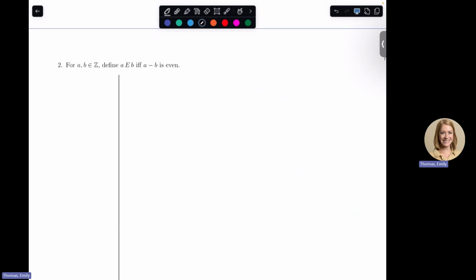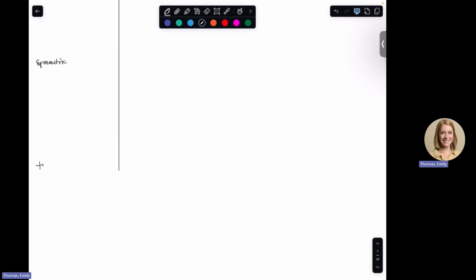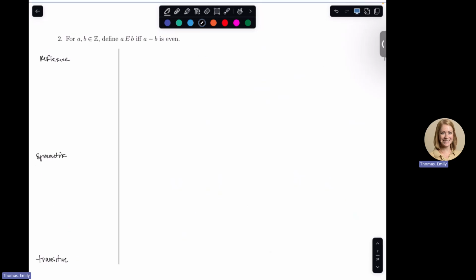Okay, so we want to show that it is reflexive, symmetric, and transitive. We start with reflexive. How do you know if it's reflexive?